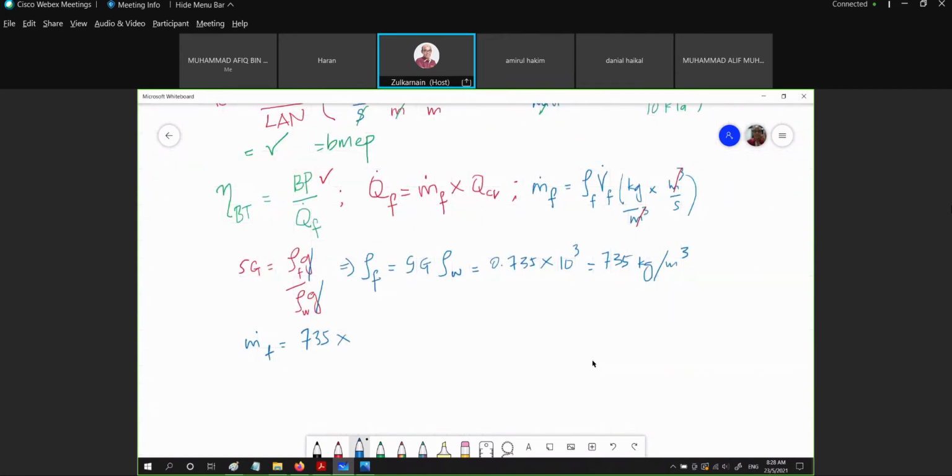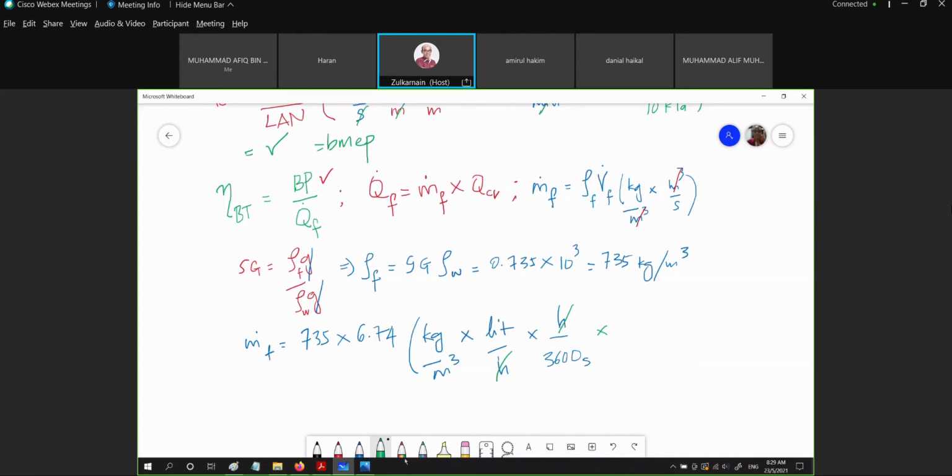Remember, liter per hour we need to convert to meter cube per second. So 735 is in kilogram over meter cube, and this is liter per hour, so we need to change this unit. This is hour, which is 3600 seconds, so we have converted hour to second.